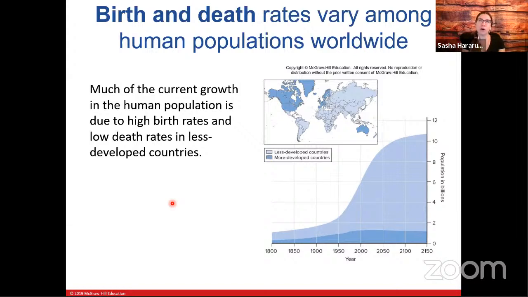If you consider individual families, before modern medicine, before things that would decrease your probability of death, people used to have a lot of kids.